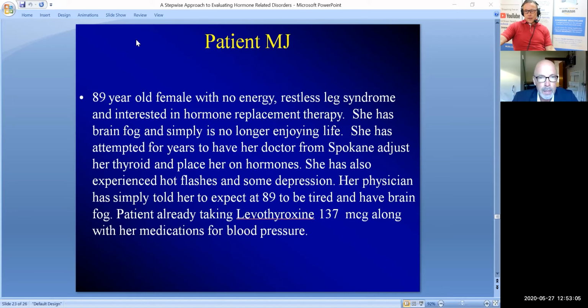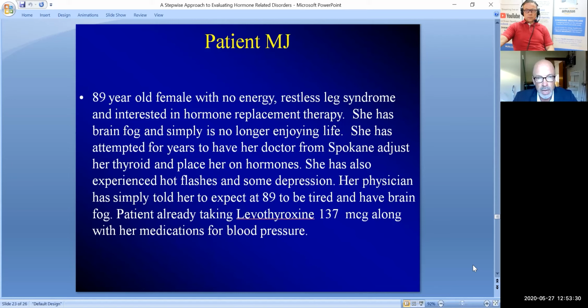Okay. So this patient I recently inherited, an 89-year-old female with no energy, restless leg syndrome, interested in hormone replacement therapy, brain fog, simply no longer enjoying life, so quite depressed. Attempted for years to have her doctor from Spokane adjust her thyroid and place her on hormones.